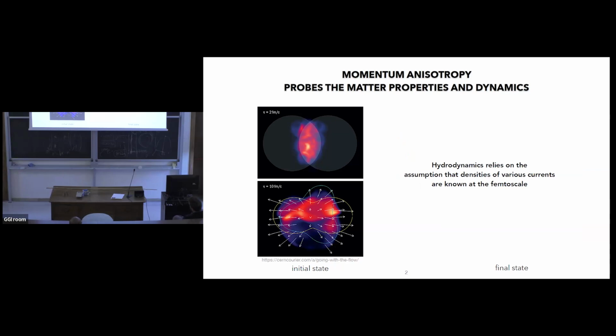We need to know this initial state, and we need to know it very well to get the observables as they are measured in the experiment. So this is an important point that I want to stress: we assume that those currents really have some sense at the femtoscale.